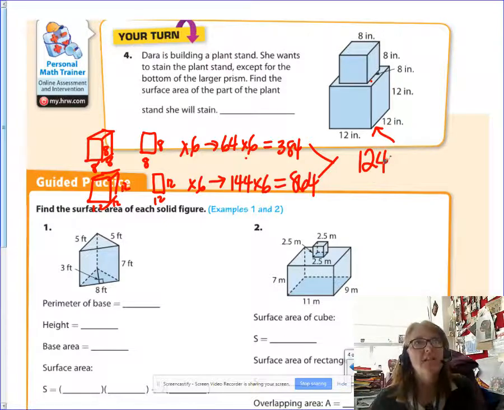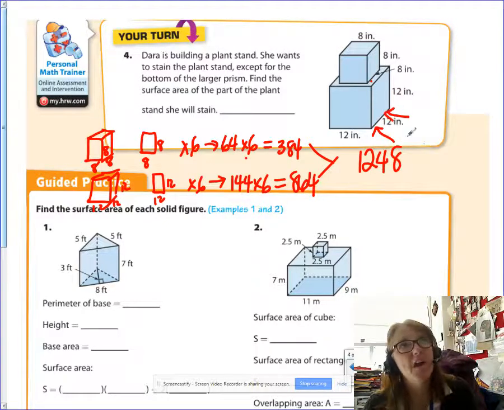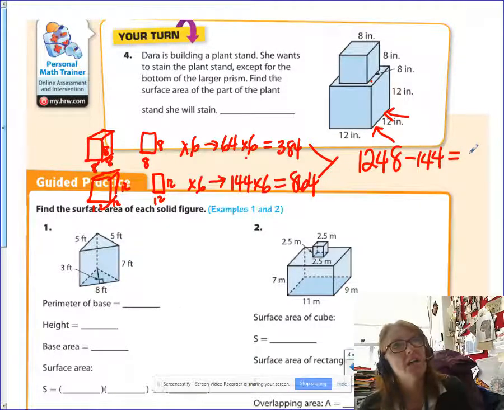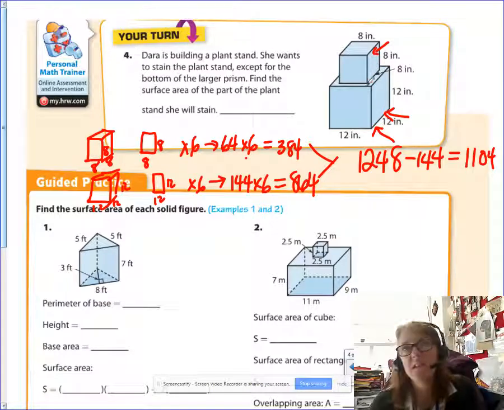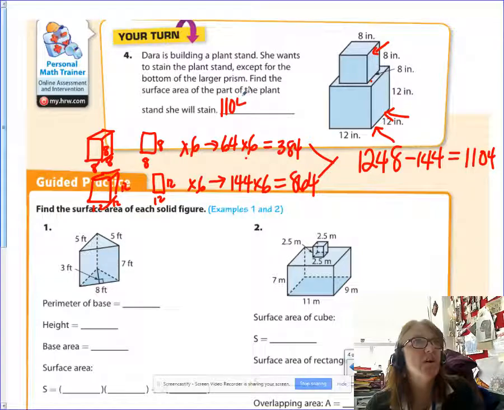However, we've got to take some of these surfaces off. First, we're going to subtract off the bottom because that is not going to get stained, and that was 144. So take that off. That should be 1104. Now, the big question is, are we going to do the bottom of this box and the same top part of the big box that's getting covered? I don't know. If you said 1104 right now, I'd say okay.